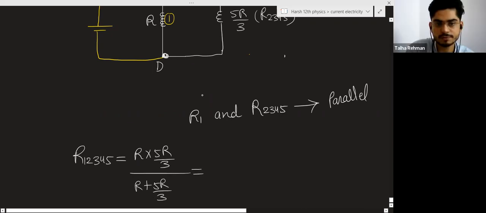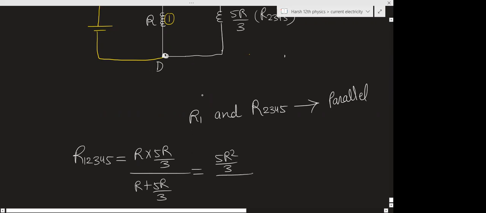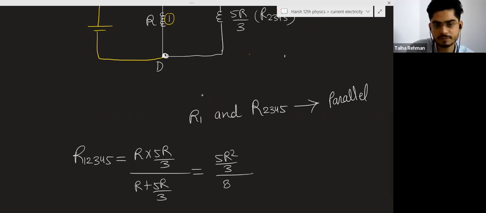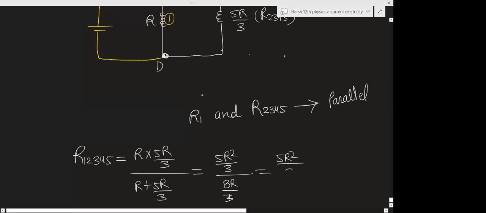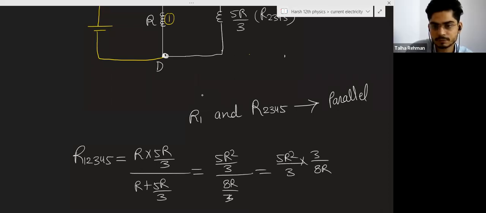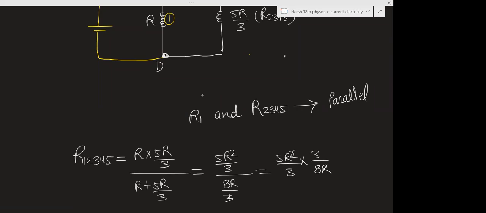So now this will become 5R square divided by 3, divided by 8R by 3, and this will become 5R by 8. Very good. So when you solve this, 3 and 3 cancel. So your answer is correct.